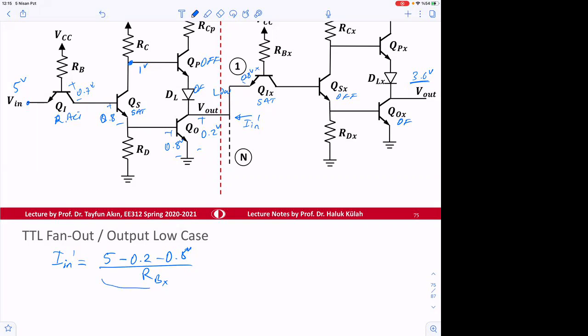This one is I base of input X, since it's SAT, plus I collector of input X, but this is 0. This whole thing is going to be equal to I emitter of input X. So I emitter of input X is going to be equal to I in prime. Is that clear?